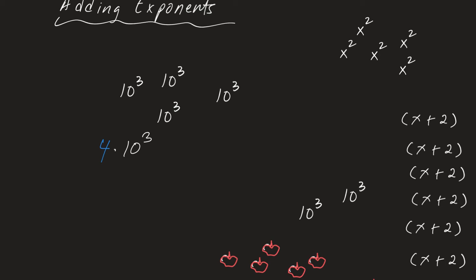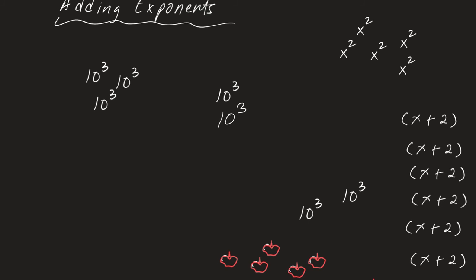So if we wanted to add 3 of these 10s to the thirds, I'd say 3 times 10 to the third, and we use red here, plus 2 times 10 to the third, because there's 2 of these.